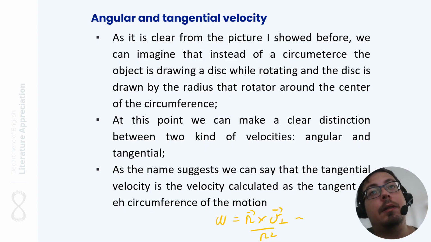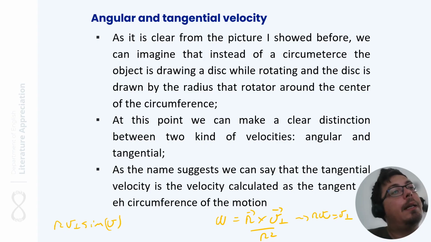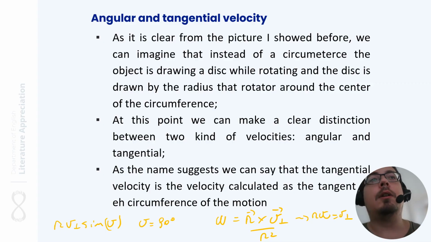These in turn relate the radial and the angular velocity to the tangential velocity in this way, in a circular motion, because basically the cross product, as you remember, is r times v times sine of theta, and theta in this case is 90 degrees, because they are orthogonal since it's a tangential velocity.